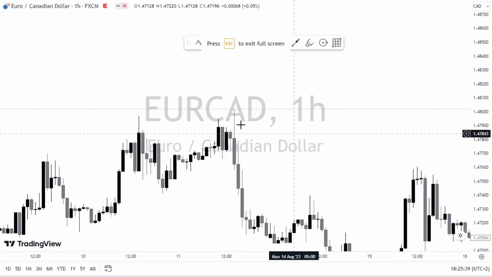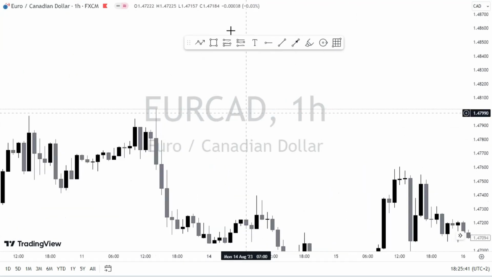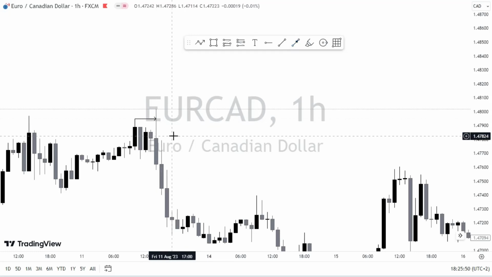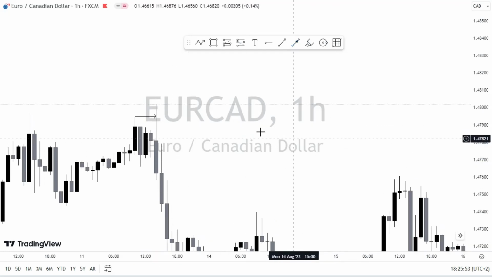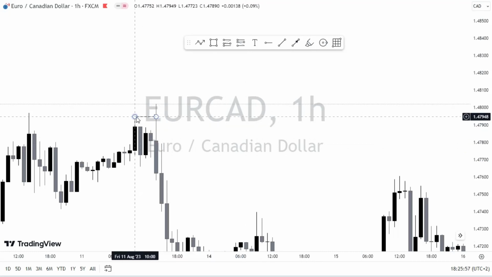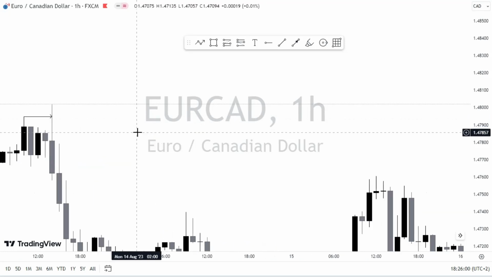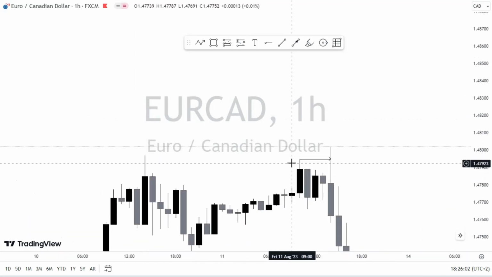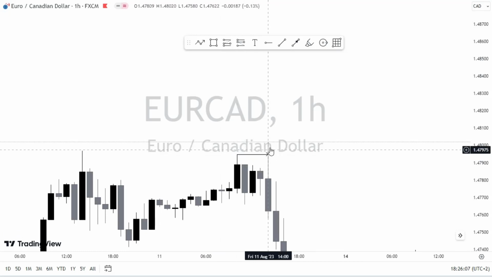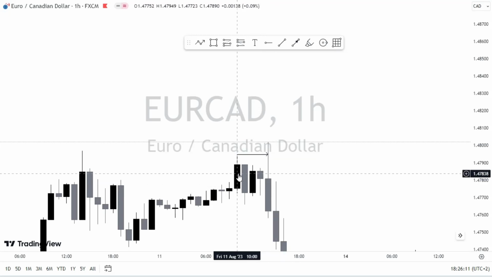We use wicks to identify our liquidity points and to see if this liquidity is being taken or not. For example, this high of this candlestick and this high of this candlestick means this candlestick took the liquidity of this candlestick.